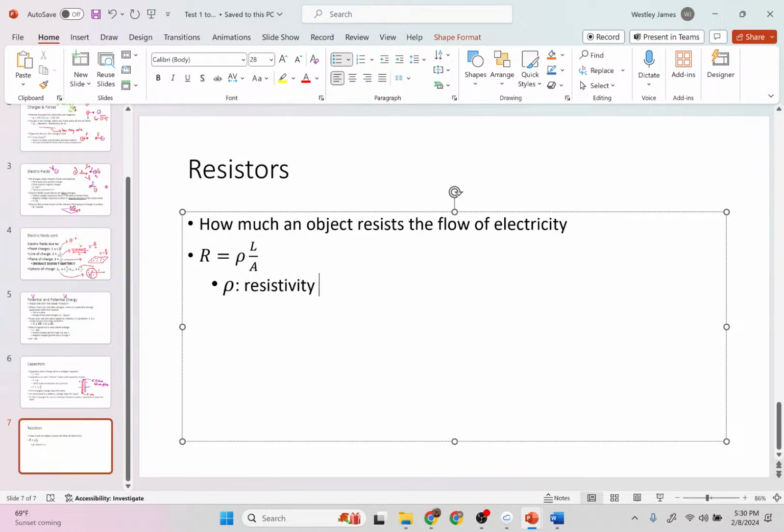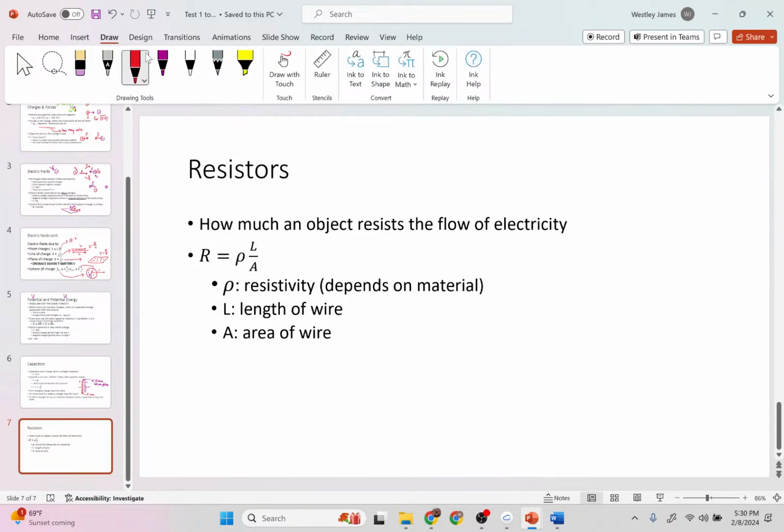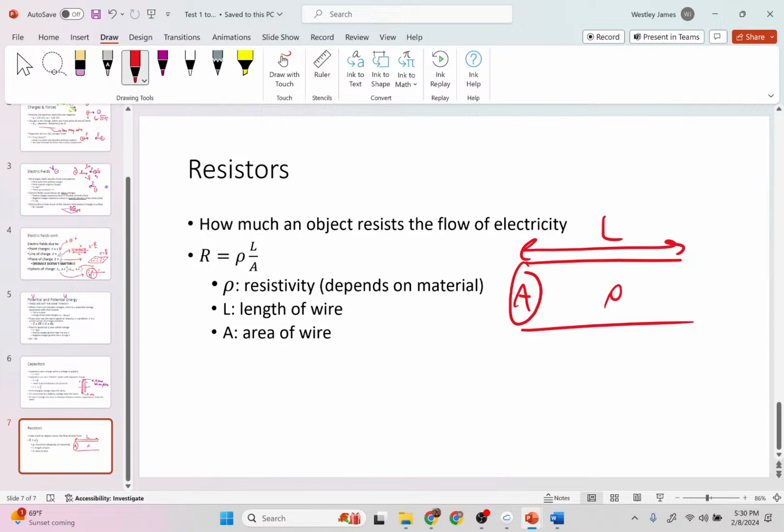Resistivity depends on material. L, length of wire. A, area of wire. So draw a sweet picture of that. Wire, area, length, resistivity is just what material it is.